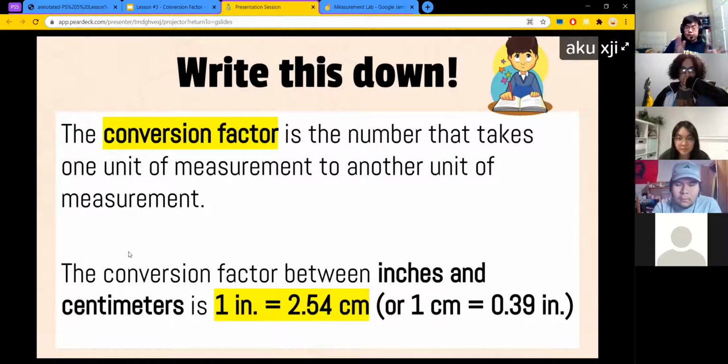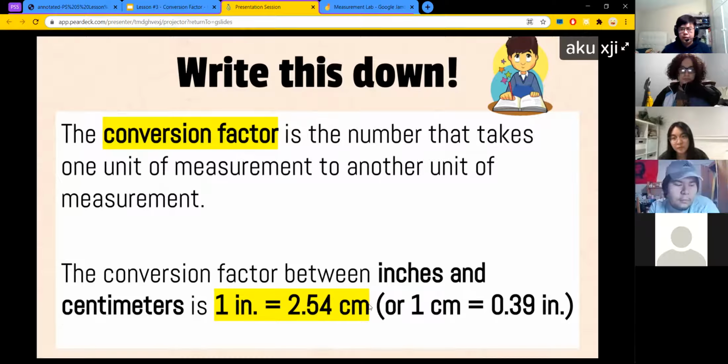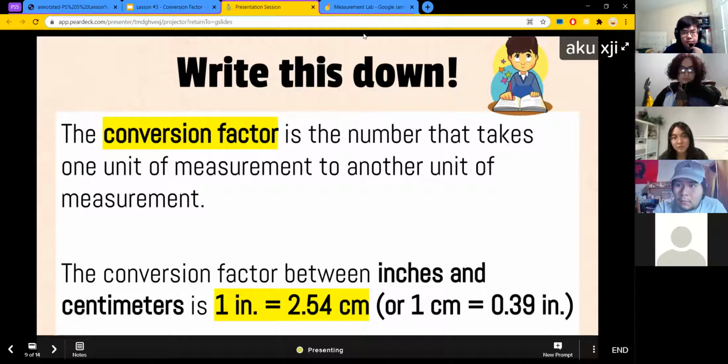Like we already discovered, the conversion factor between inches and centimeters is that 1 inch is equal to 2.54 centimeters, or 1 centimeter is equal to 0.39 inches. The highlighted version is what we discovered, but you could use 1 centimeter equals 0.39 inches. It's the same thing.